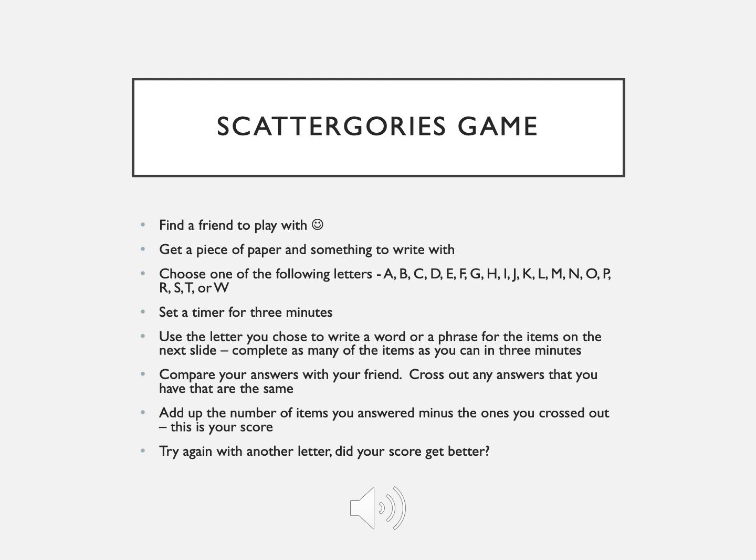Then you'll have to cross out every single answer that you have that's the same, because we're trying to see the creativity behind our answers. Once you've crossed all those out, you'll see how many you came up with that were original answers. Then feel free to try again with a different category and different letters. Maybe for the next one, I choose letter F, and then I do historic events.